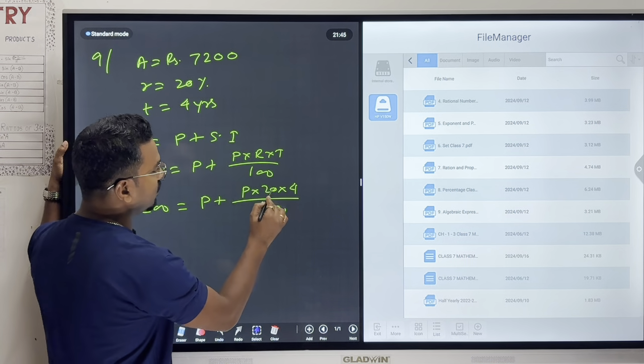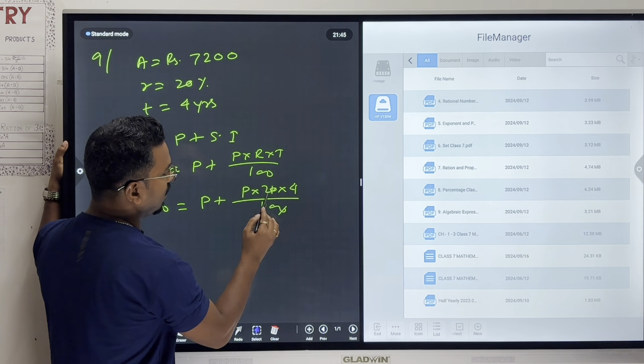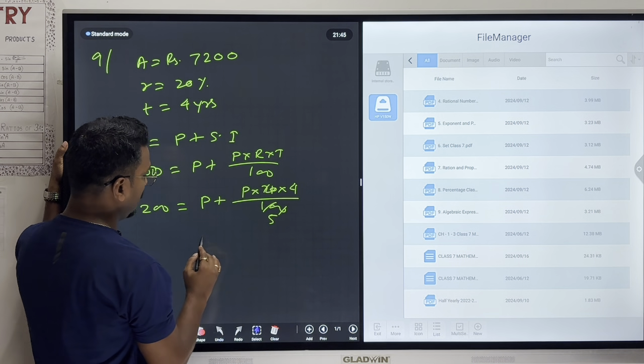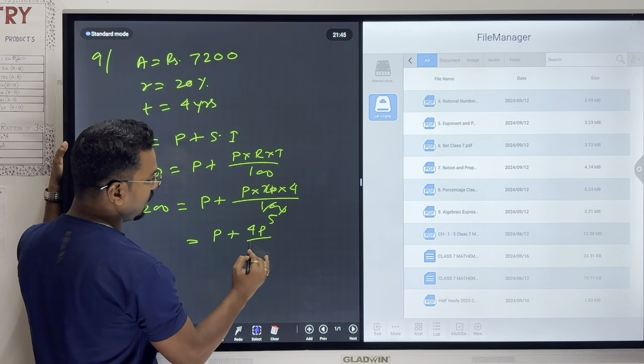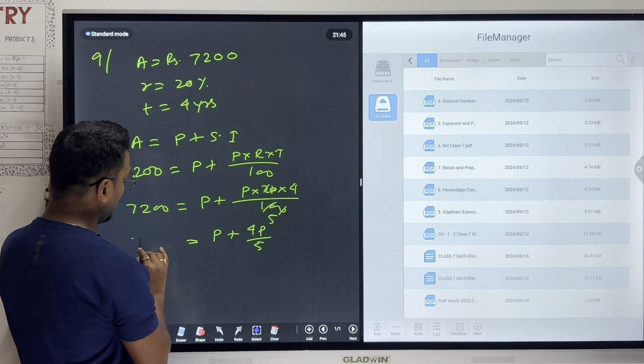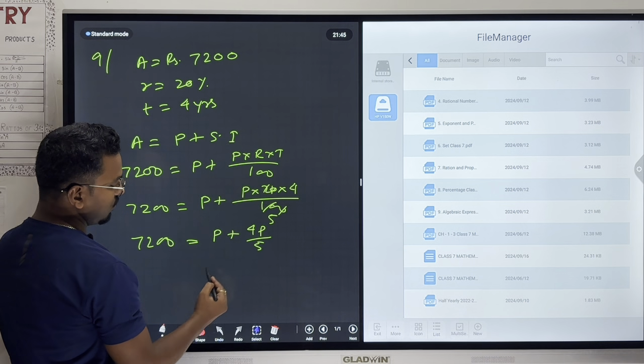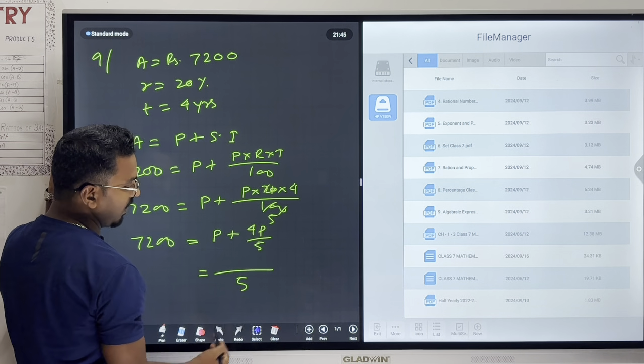So it will become P plus 4P by 5. And here 7200. So if you take LCM, LCM will become 5.